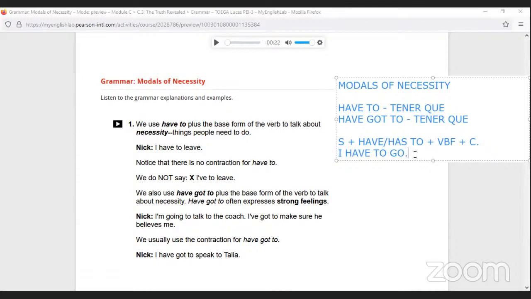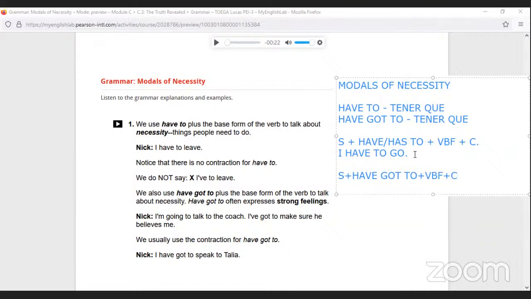If I want to use, for example, another one, we have got to, plus in this case the same, the verb in base form and the complement.